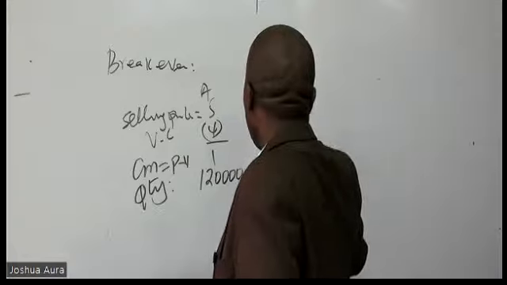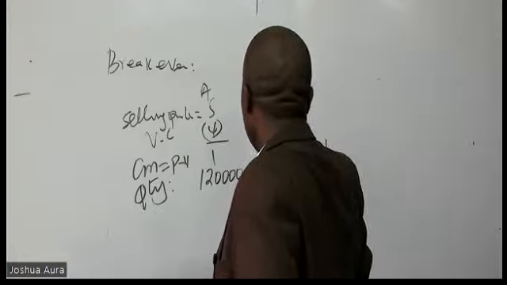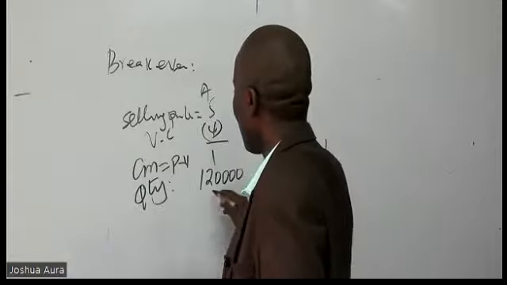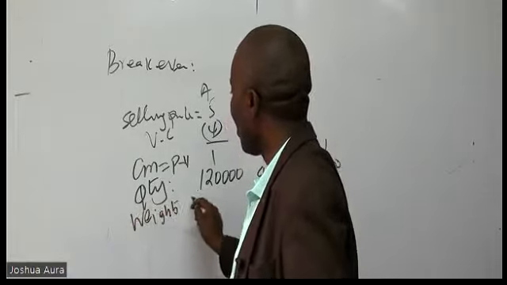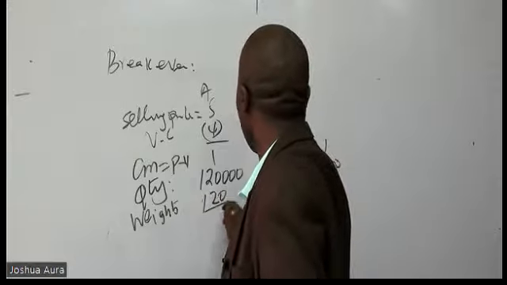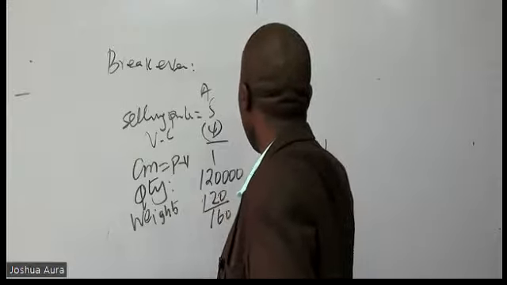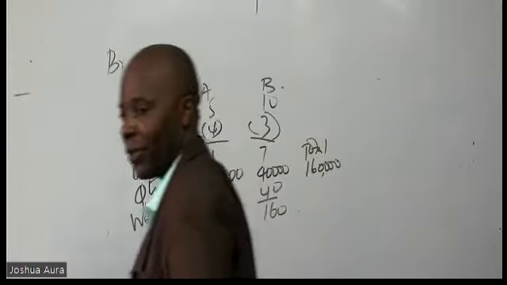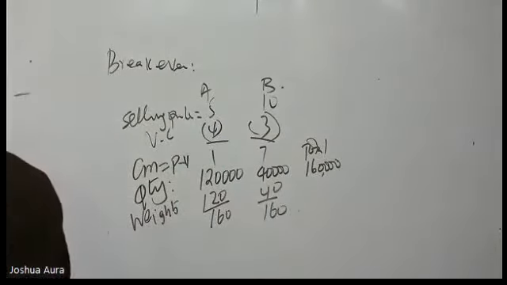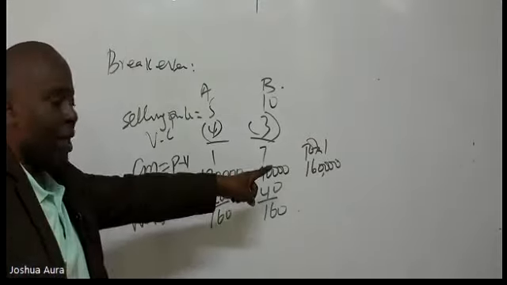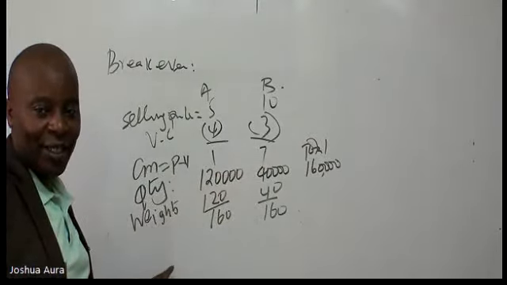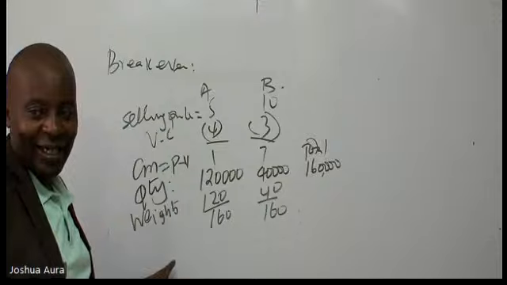So the total, they have said, is 160,000. From this quantity, I should be able to get the weights. This will be 120 over 160, and this will be 40 over 160. I got the total quantity, which I'm now using to get my fractions.